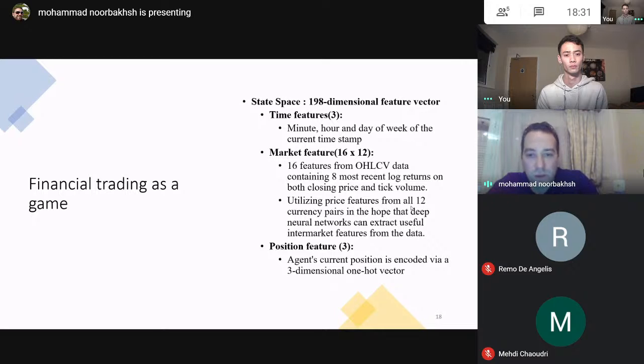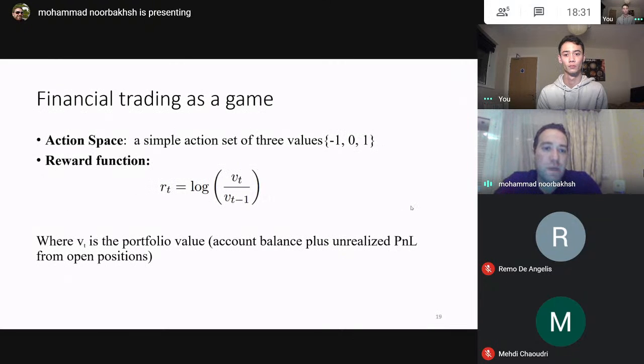They also included position features, which is the agent's current position, using a 3-dimensional one-hot vector. The action space is a simple action set of 3 values: -1, 0, 1. -1 means sell, 0 means no action or neutral, and 1 means buy. And the reward function is this formula, where V_t is the portfolio value, so it's the return of the portfolio.